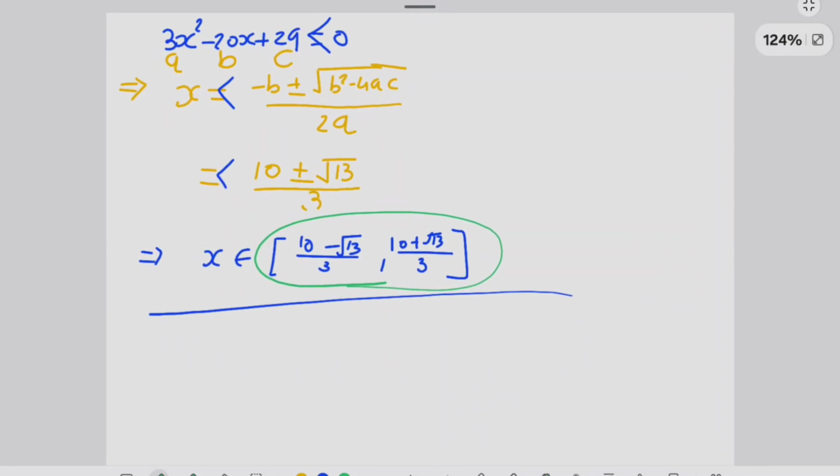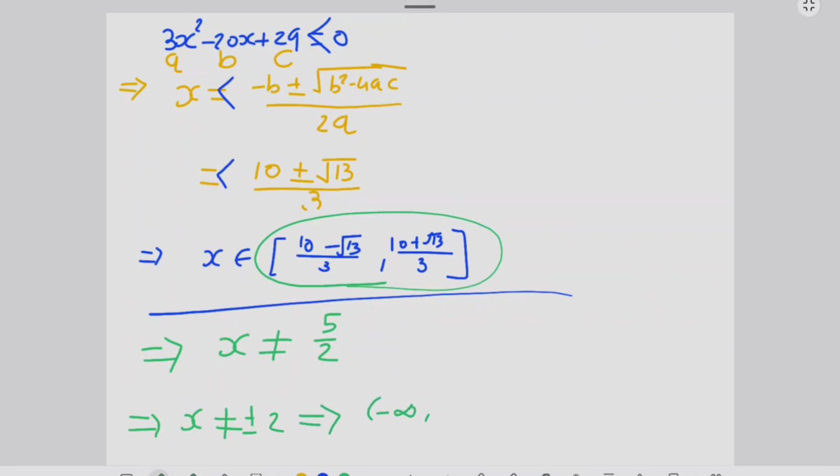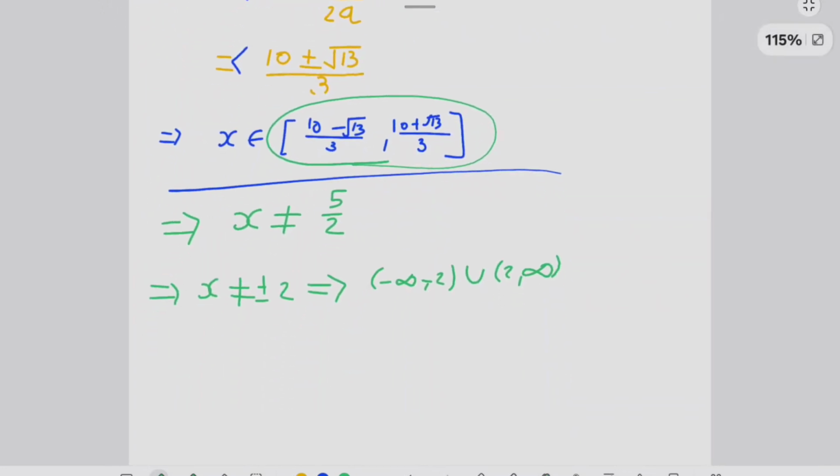So let's combine. We have to combine three conditions, that we don't have to take 5 by 2, and x we don't have to take plus or minus 2. The meaning of this is we can take minus infinity to minus 2, then minus 2 to 2, then 2 to infinity. Okay, and we also have a third condition, which is the interval.